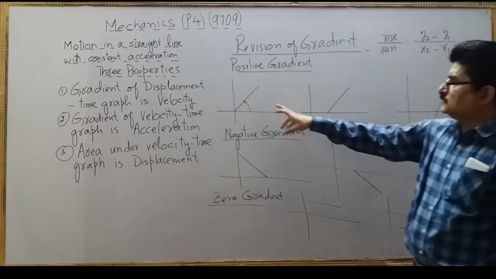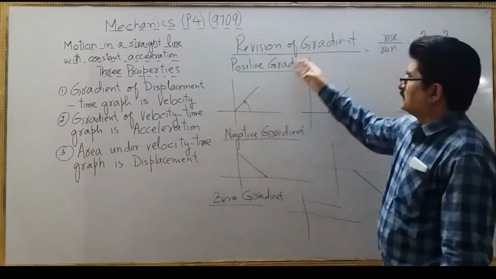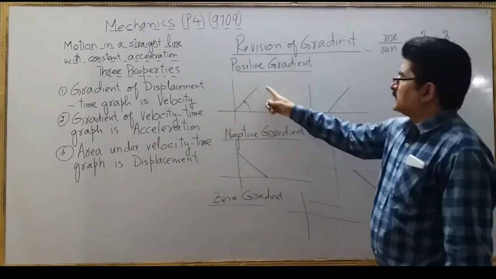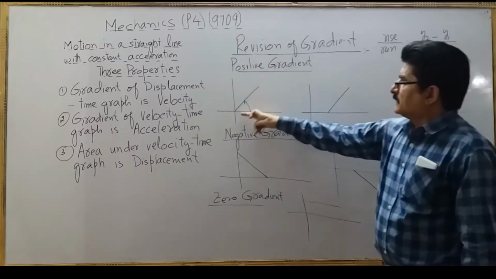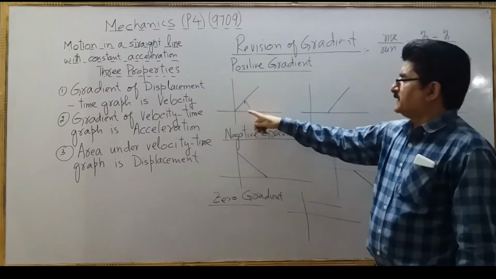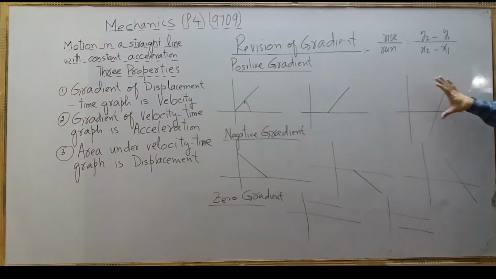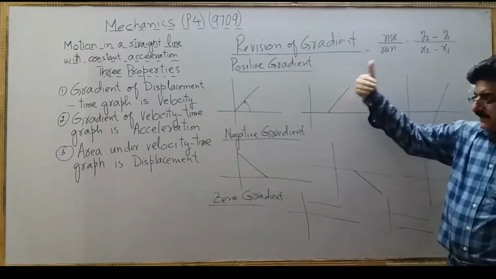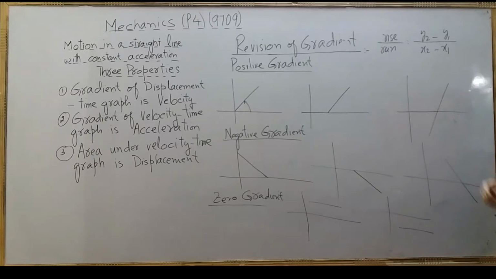For that you should understand that you are not shown the whole line. This is a part of a line, but for this part the gradient will be positive. These are the situations where the gradient is positive.